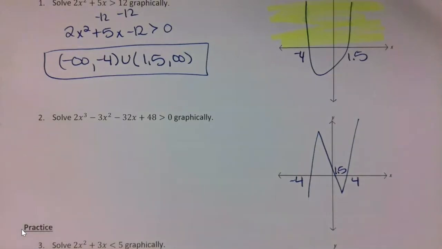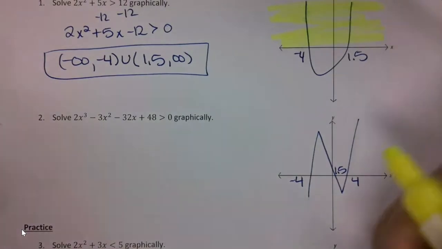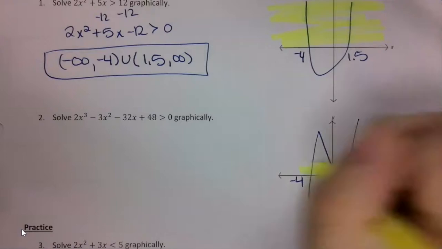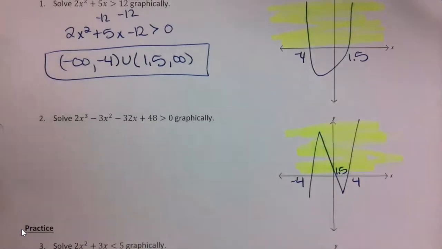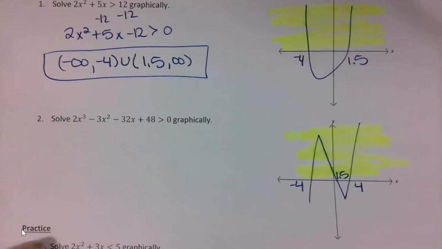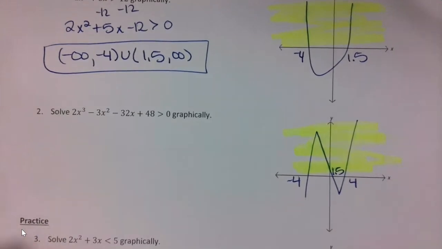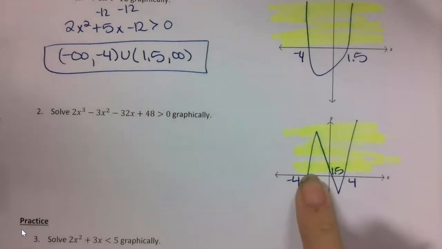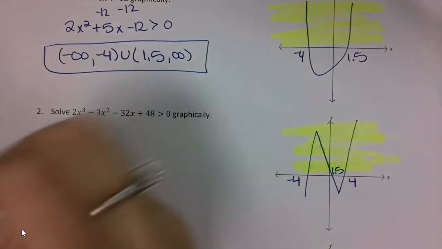So again, this one wants greater than 0. So I want everything above here. So for this one, my first section is in between 2 values because all of those are greater than 0.